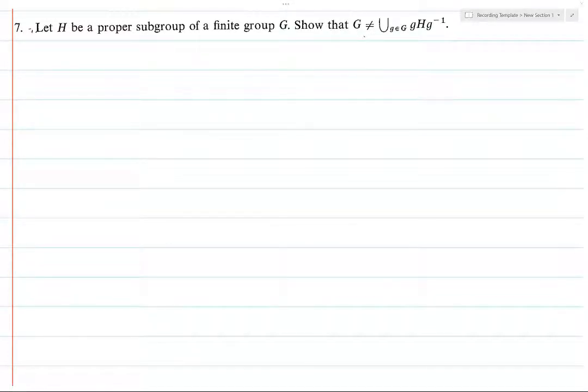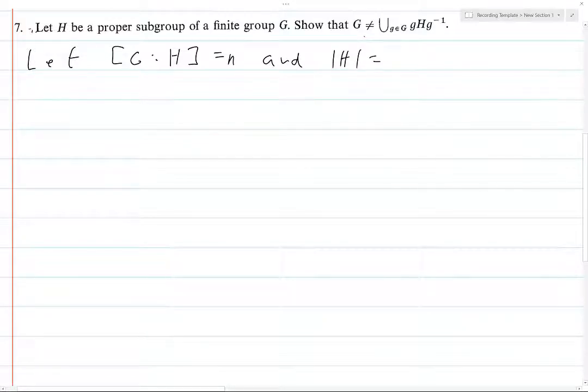Alright, so suppose something and let's prove something else. We're going to give the index of H in G a name, n, and we're going to call the order of H k. Then we know that the order of G is kn.